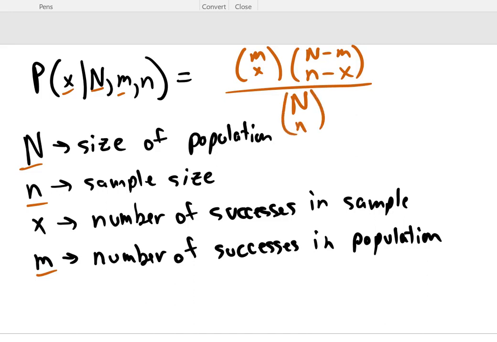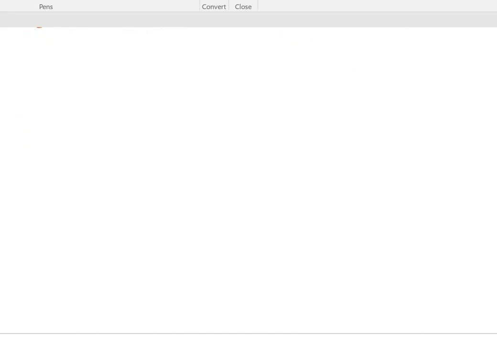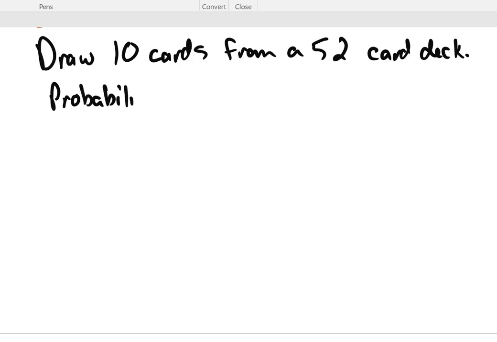So let's do an example here. The example I want to do is, let's say you're going to draw those 10 cards out of the deck. So out of a 52 card deck, I want to find the probability that exactly 4 will be spades.